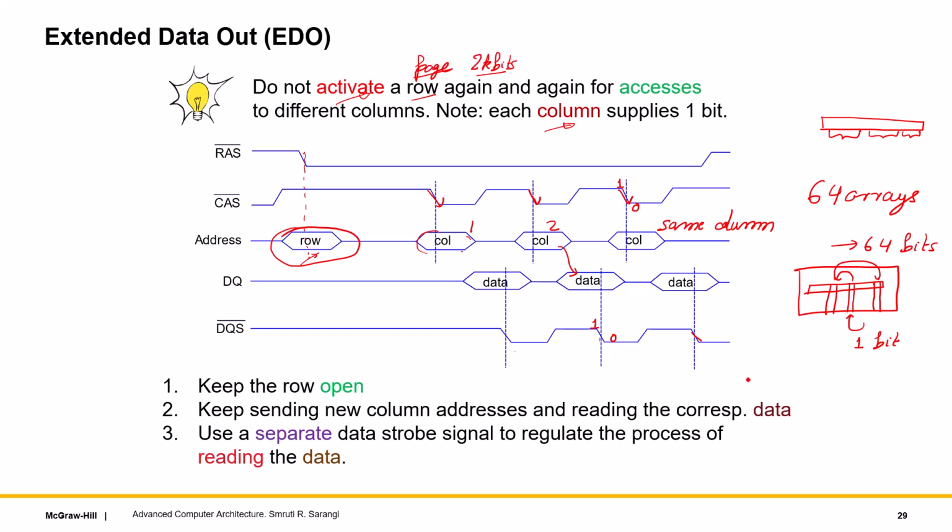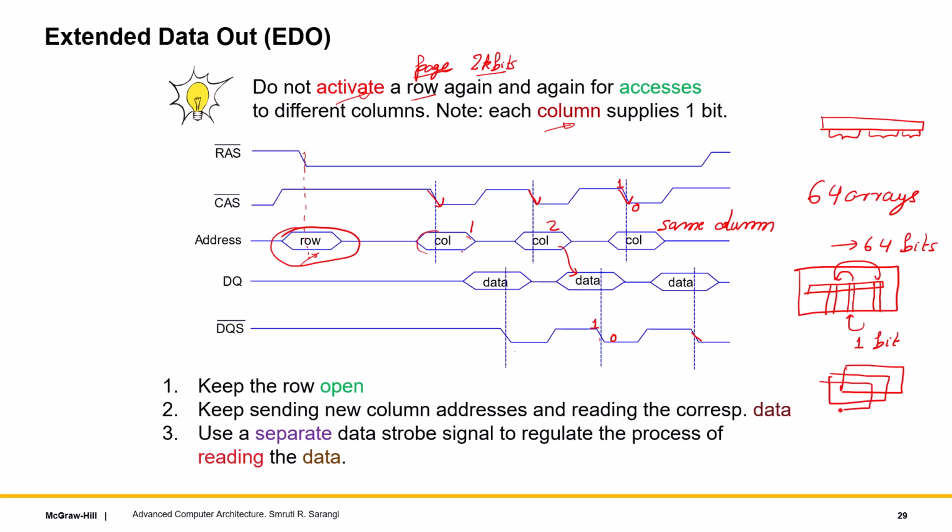The advantage over here is that you are assuming spatial locality, which does exist. If you look at it, a DRAM is nothing but a 3D structure, where this is an array, this is one more array, and so on.